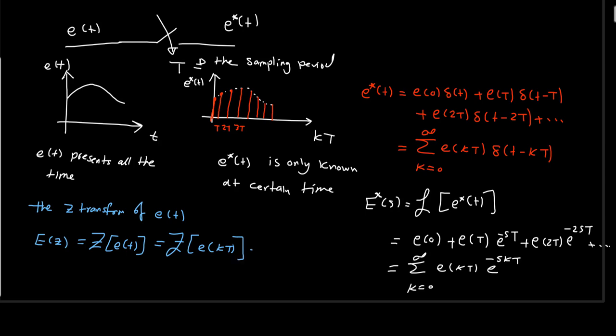By definition of the z transform, it will equal the summation from k equal to 0 up to infinity of the function E of kt multiplied by z to the power minus k. This is the definition of the z transform.